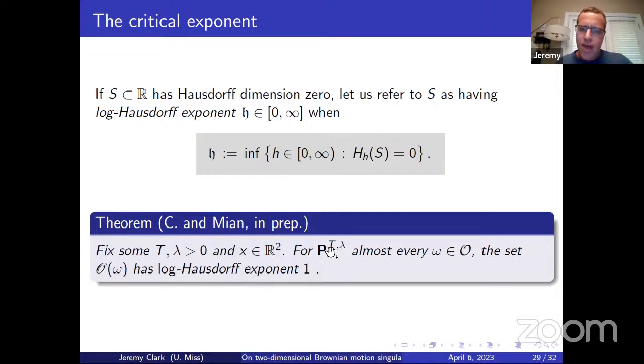Then the statement is that for almost every omega, in the event that the process does hit 0, this set, the set of times at which the process visits 0, has log Hausdorff exponent 1.